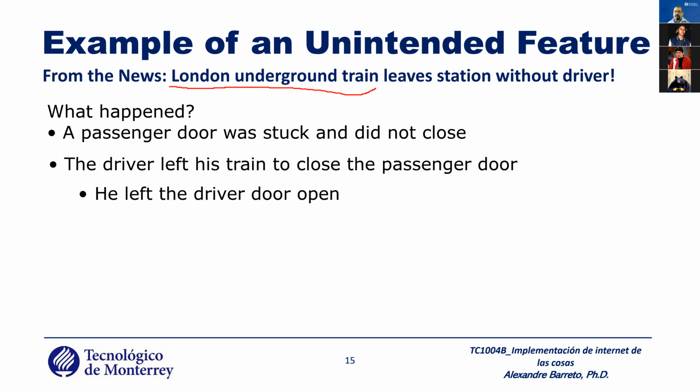And the driver left the driver door open. It's the key: when the driver left his position, he kept his door open. Why did he keep the door open? Because if he closed the door, and the passenger door is closed, the system sees that every door is closed, and the train can leave the station.